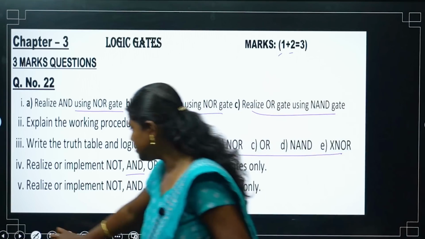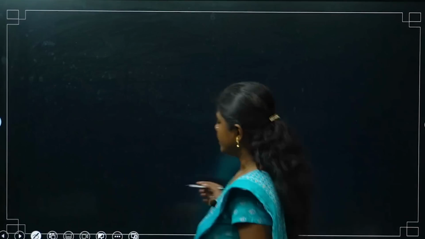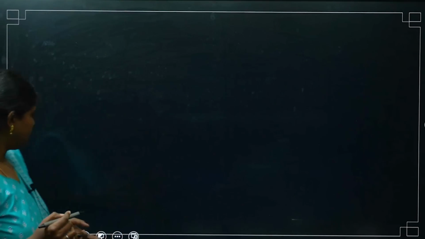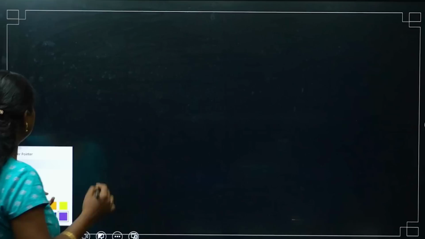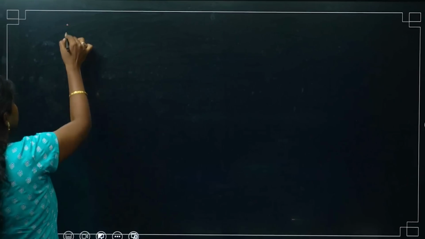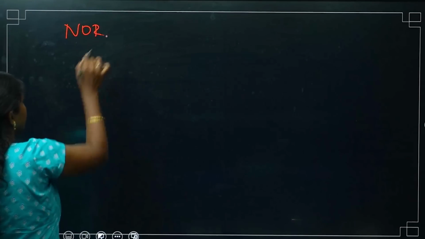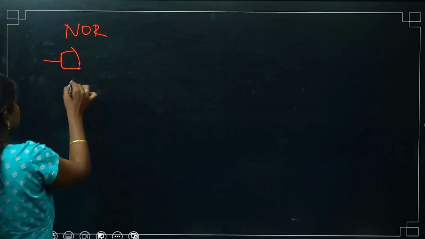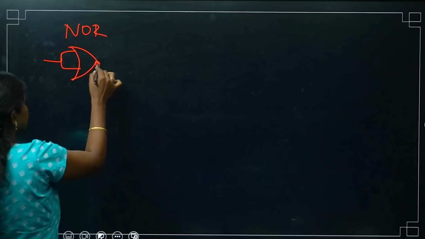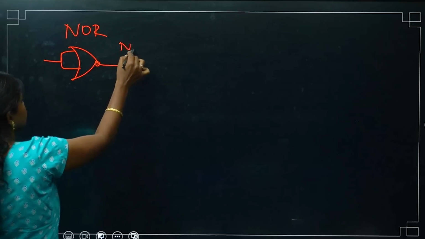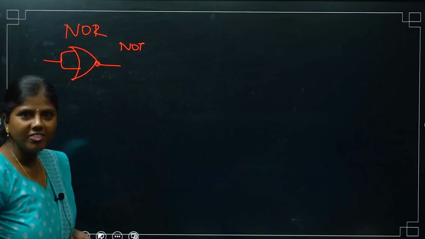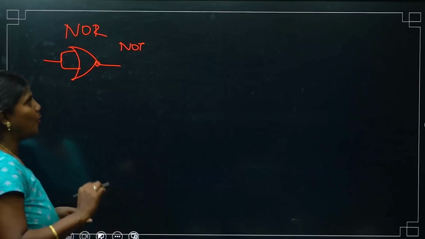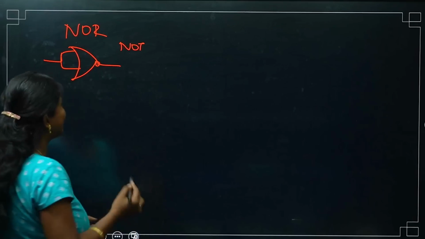So we'll just do this. So how do we write it? So I'm going to write it here. So we'll just start with this color. Okay, this is NOR. So how do we write it? So this is going to be NOT. I'm telling it is NOT. We will verify whether it is NOT or not.